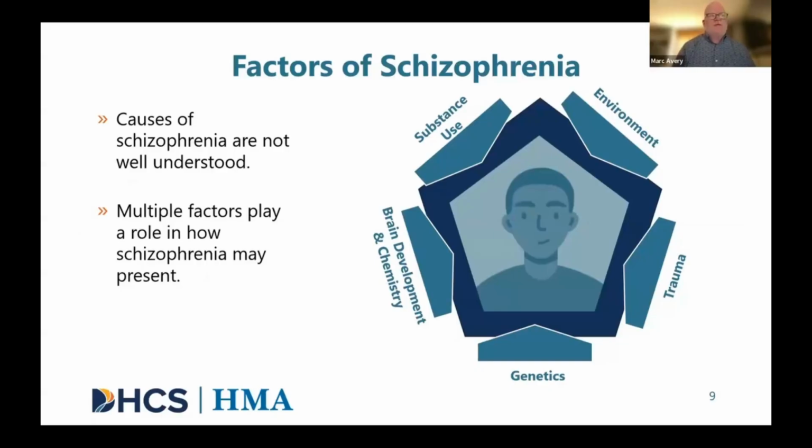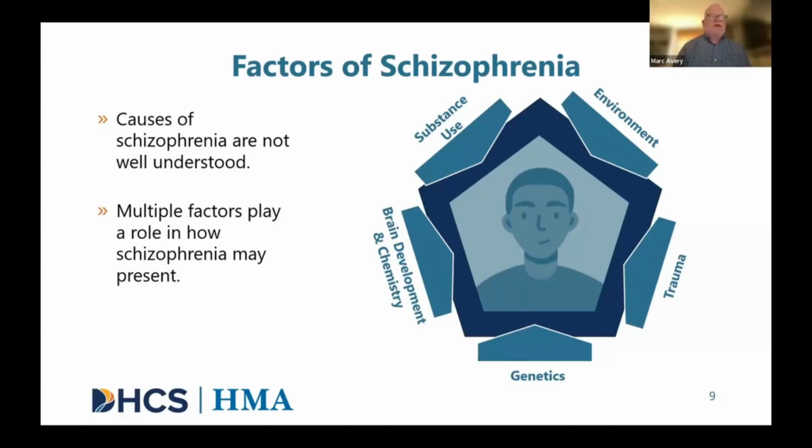Most researchers believe that multiple factors play a role, such as brain development, brain chemistry, our genetics, as well as other lifetime risk factors, including substance use, trauma, and other environmental factors such as stress. All of these things together may play a role in the development of this condition.